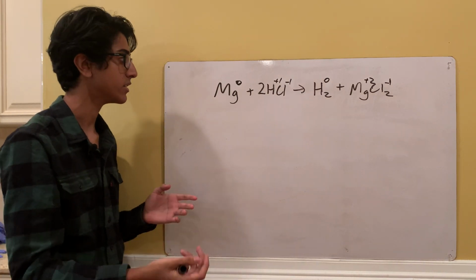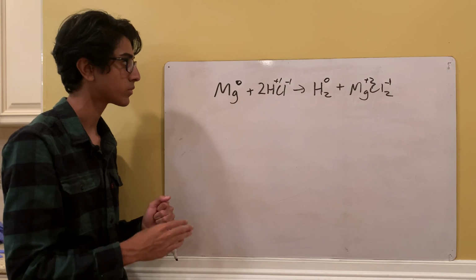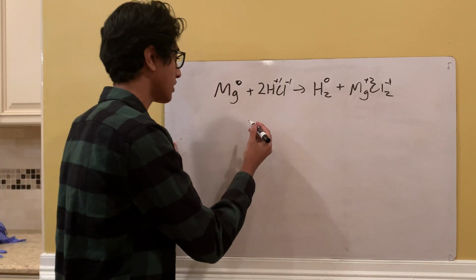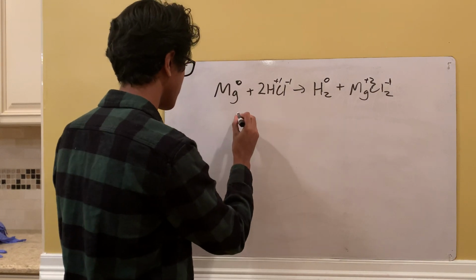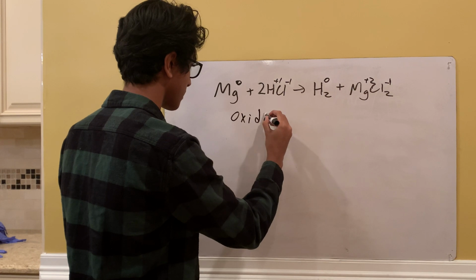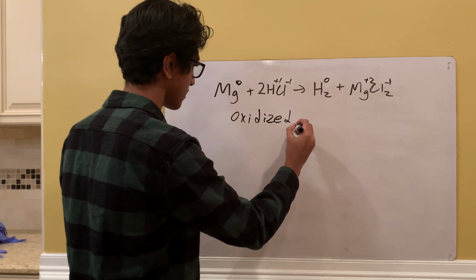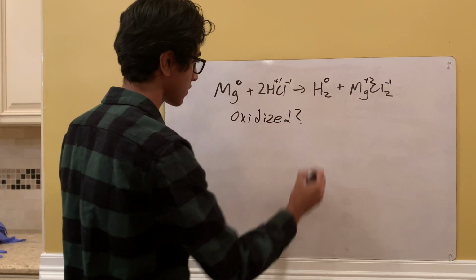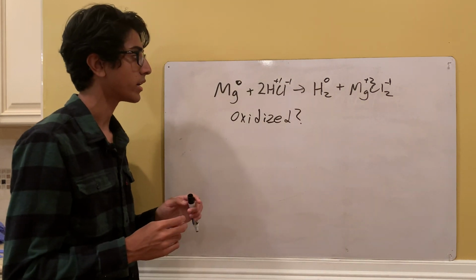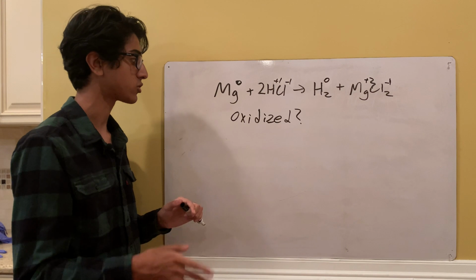And now we can get into figuring out all the information about this reaction. So we can first ask ourselves what's being oxidized. Whatever is being oxidized is whatever is losing electrons.